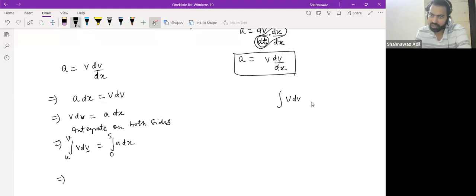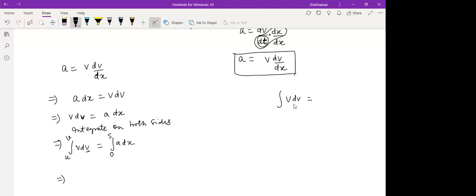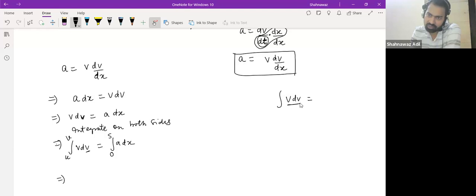So what would be this integral? Yes, Elham, you tell. Just see that this is an algebraic function. The integration is with respect to v, and we have this v. If I write it in this way, then this would be more clear to you, right? This is the same function as this one. Only the notation has changed. So what would be this integral?